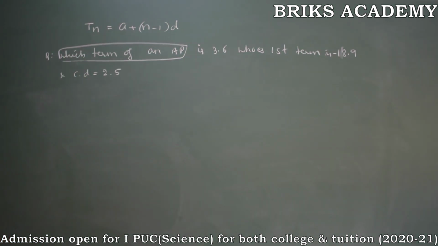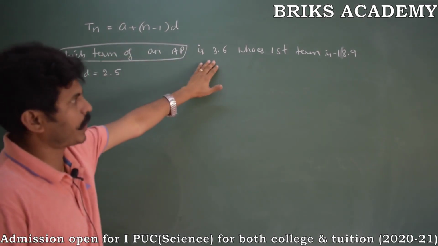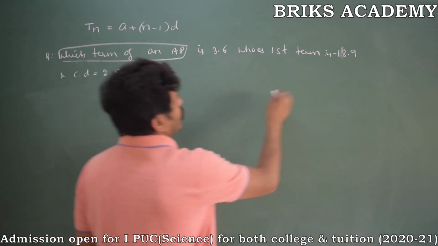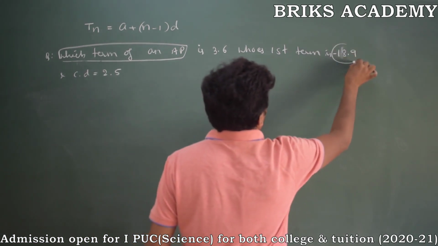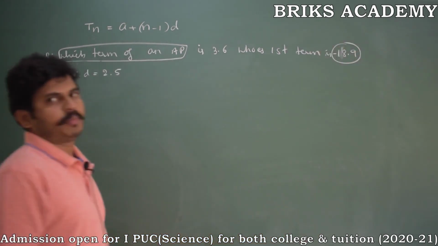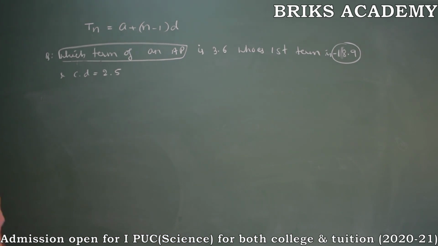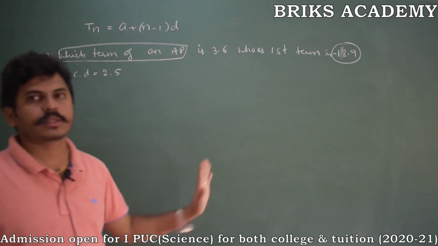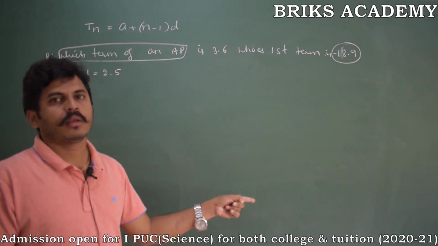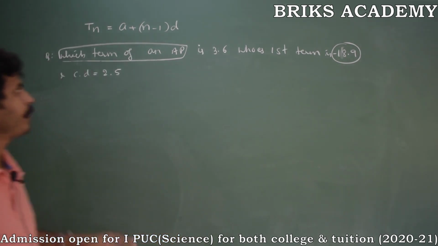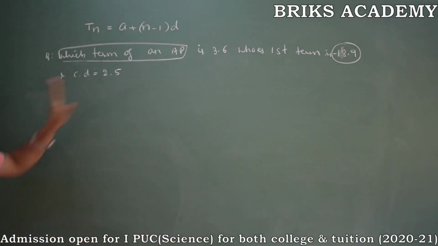This is what this problem is. See here, the same problem with a small change. Which term of an AP is 3.6, whose first term is minus 18.9? In the previous problem I took plus 18.9 and showed that the term does not exist because you got negative as well as fraction both. Whose common difference is 2.5.